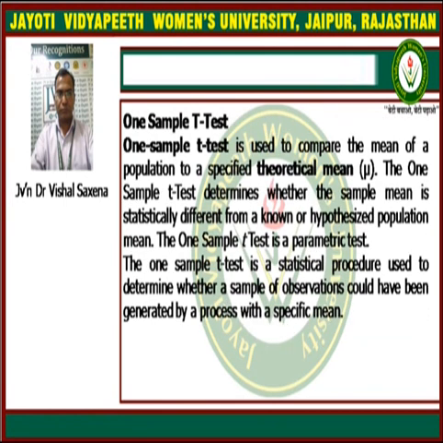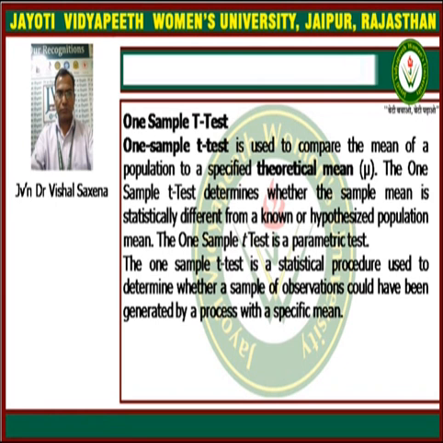Now next is the one sample t-test. The one sample t-test is again an important part of this t-distribution test, and it can be used to compare the mean of a population to a specified theoretical mean.